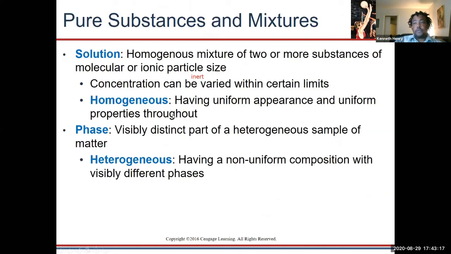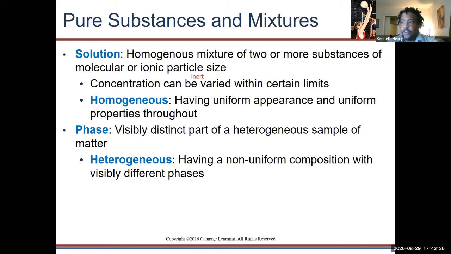Okay. So homogeneous mixtures are considered to be a solution, where they're pretty much the same size and everything like that.